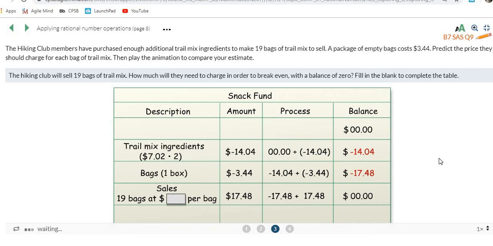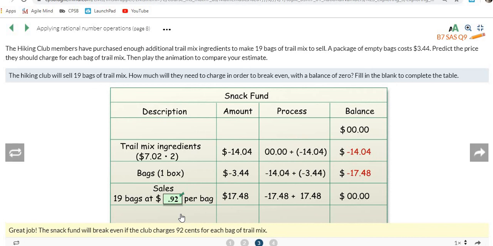I need 17.48. Try 92. What's 92 cents times 19 bags? Okay, so if I was to charge 92 cents per bag, I would totally break even.